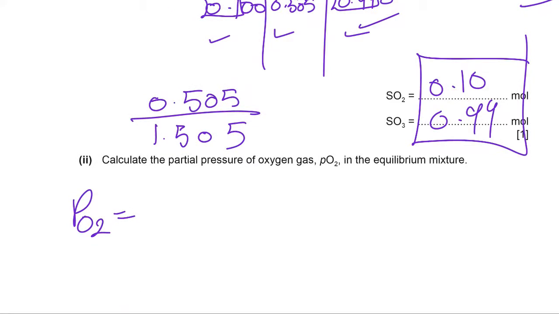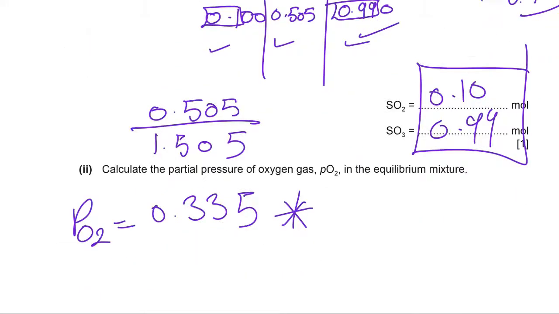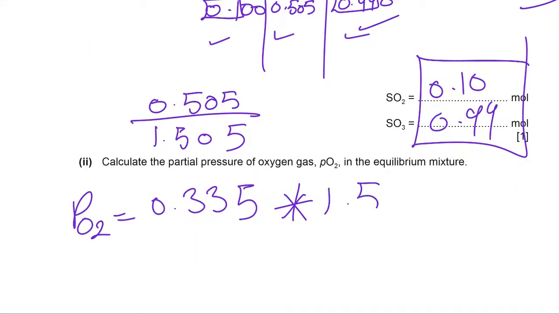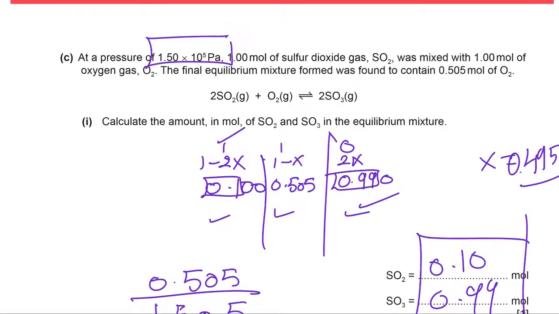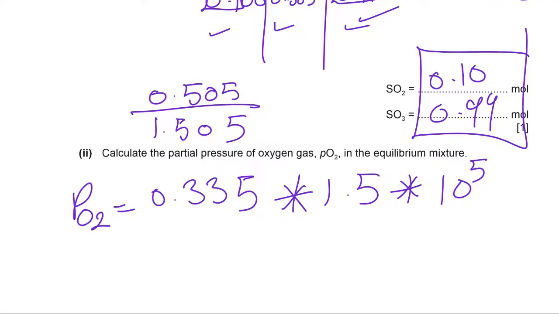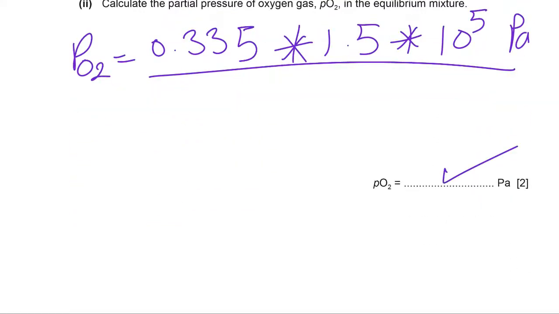This is the mole fraction of oxygen times the total pressure. Total pressure is 1.5 times 10 to the power 5, and the unit is Pascal. Yes, Pascal. You just need to find the result and write it here.